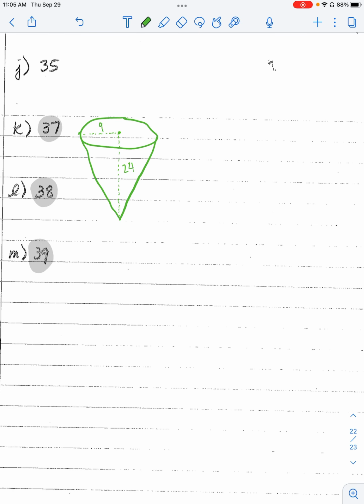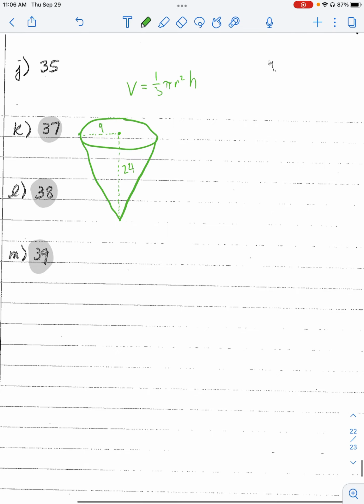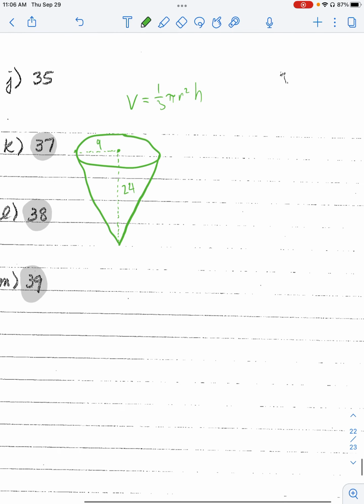If I remember correctly, or if I Google it, the volume of a cone is 1/3 pi r squared h. So that's going to be my volume.